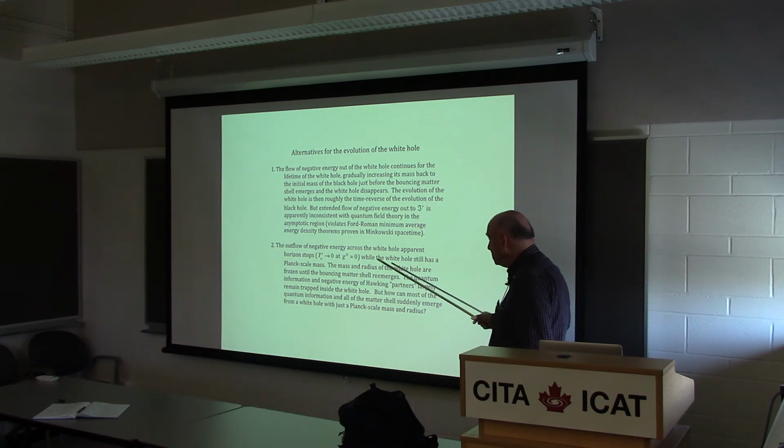Now, the other thing you can say is that the outflow of negative energy across the white hole apparent horizon stops after some Planck scale time. So T_UZ just goes to 0 at the white hole horizon, which is, again, at G_ZZ equals 0, while the white hole then still has a Planck scale mass.